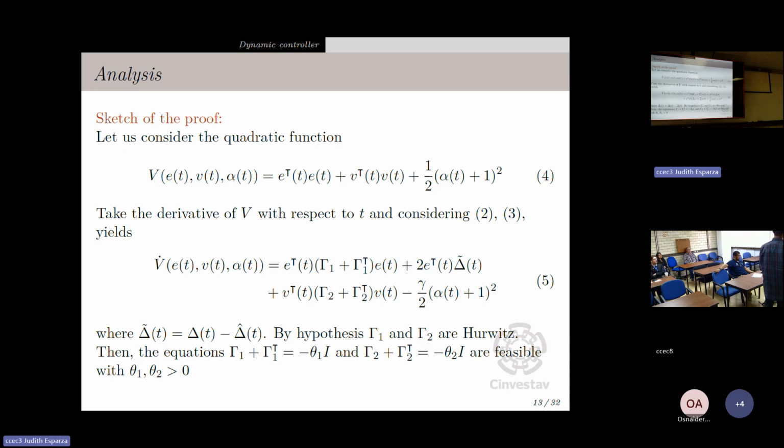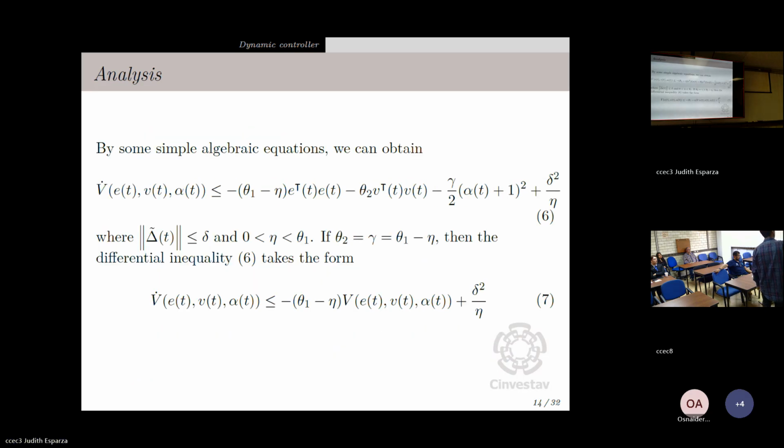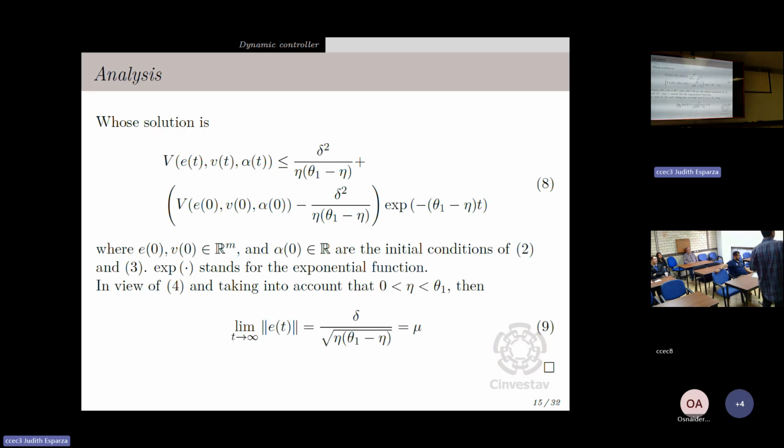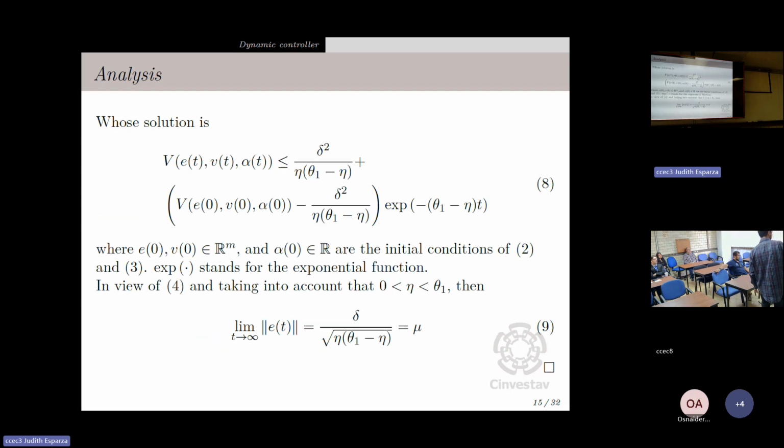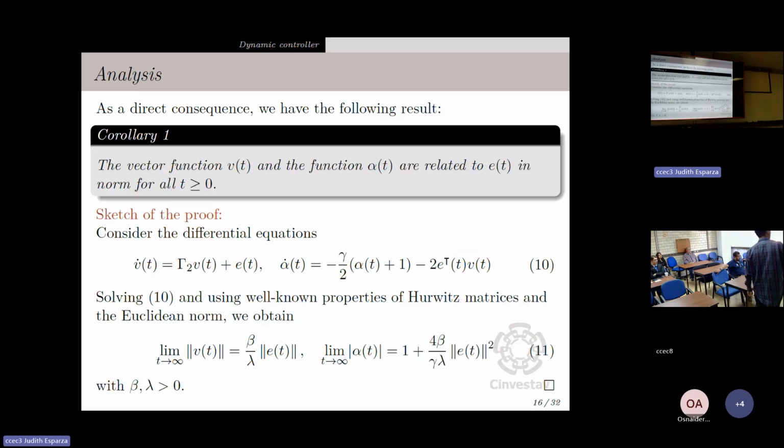We take a quadratic function, its derivative, all of the Lyapunov theory. At this point, what is the main result? In this case, we only obtain this bound, mu. So this mu is particularly the bound of the set that the definition of quasi-synchronization contains.